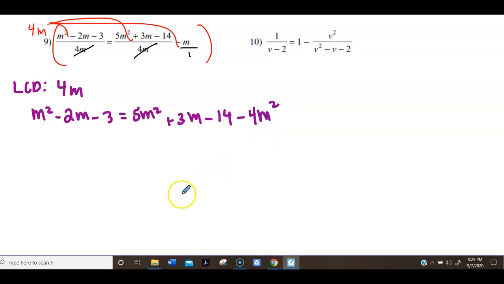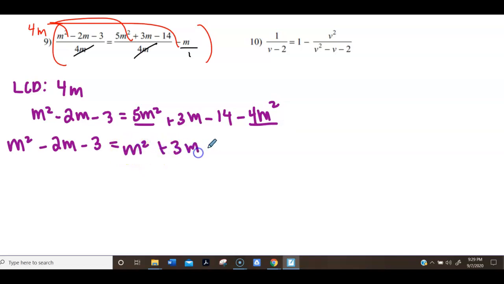Next thing I'm going to do is combine my terms. So I have m squared subtract 2m subtract 3 equals 5m squared minus 4m squared is just m squared plus 3m subtract 14. Because I have an m squared on each side of the equation, they cancel. And now I can just go ahead and combine my terms.